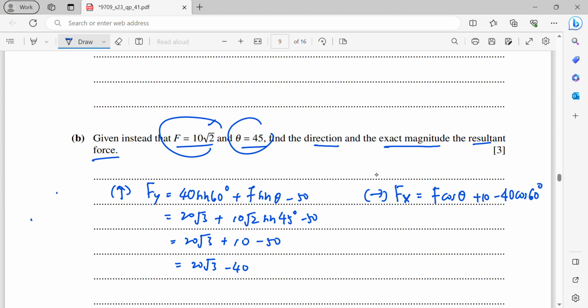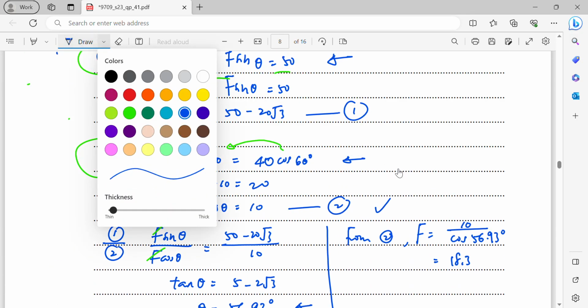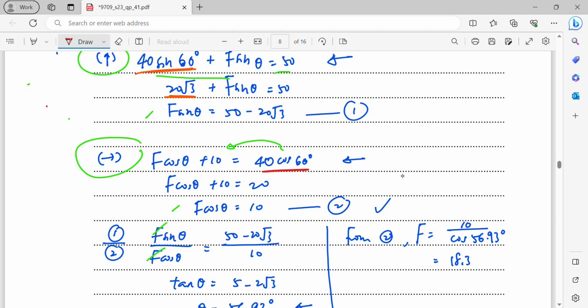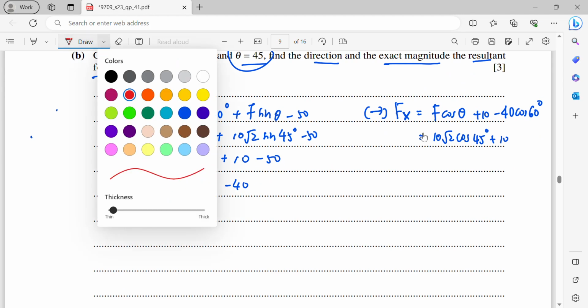Okay, then for the horizontal force, again now it is 10 square root 2 cos 45 degrees plus 10. Now this 40 cos 60, you can just copy from the previous part. 40 cos 60 is basically 20 in the previous calculation, so I will write minus 20.